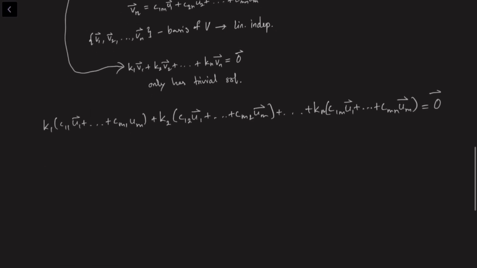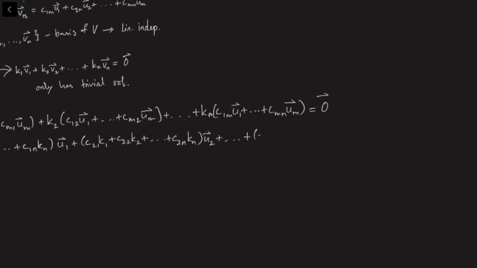And we'll rearrange this. We get c11 k1 plus c12 k2 plus c1n kn times u1, plus c21 k1 plus c22 k2 plus c2n kn times u2, plus the last combination would be cm1 k1 plus cm2 k2 plus cmn kn times um, and that should be equal to 0.